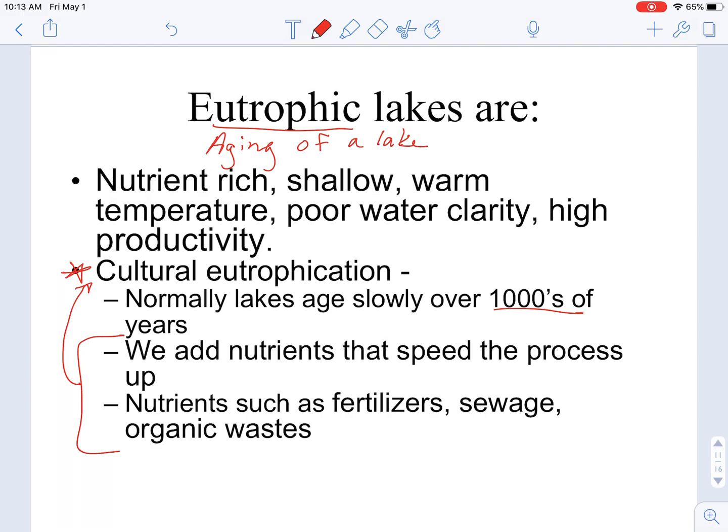Eutrophication all by itself is just the natural aging. Cultural, because we are part of a culture, is different. It's the speeding up of that process through what we just got done seeing on the previous slide, adding fertilizers, changing where those nutrients are in the fast and slow parts of the cycle.